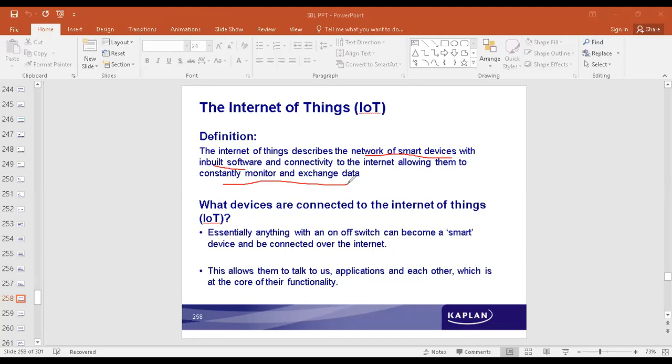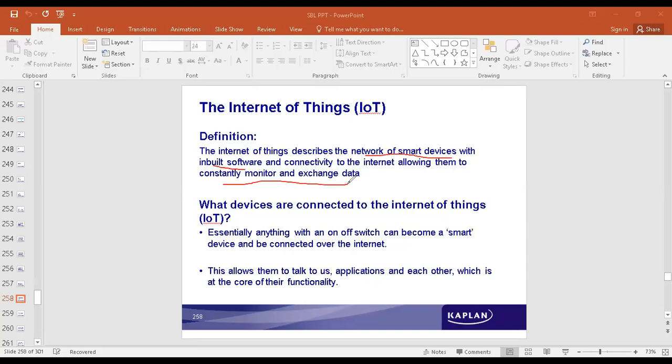With the help of the smart device, there is built-in software, and the devices are connected to the internet. Therefore, things can constantly be monitored, data exchanged, and controlled remotely.